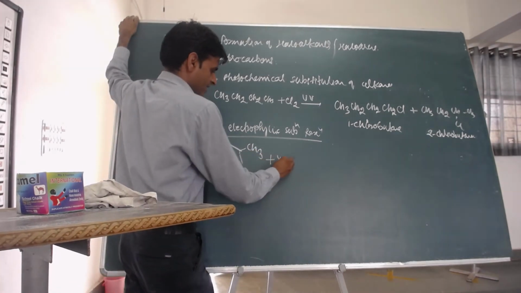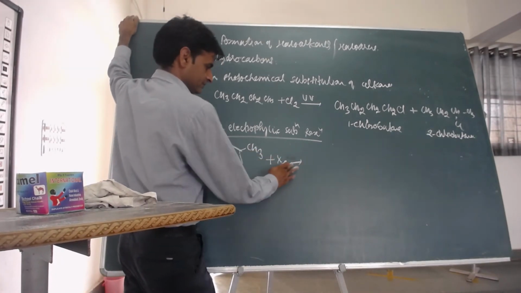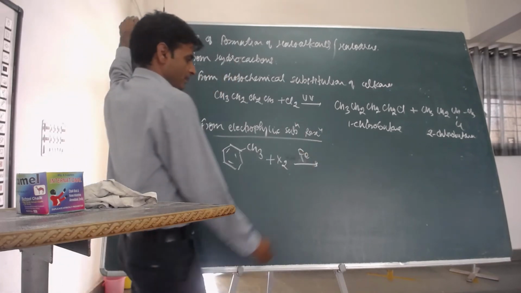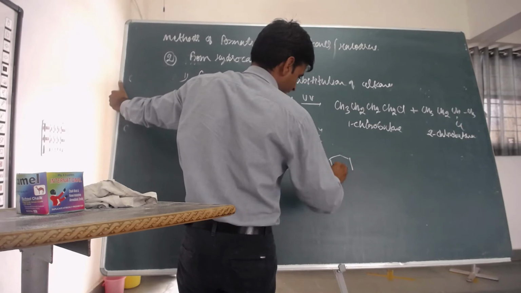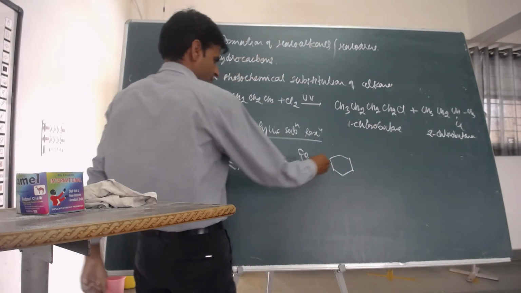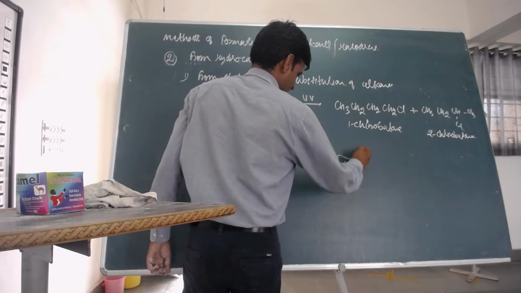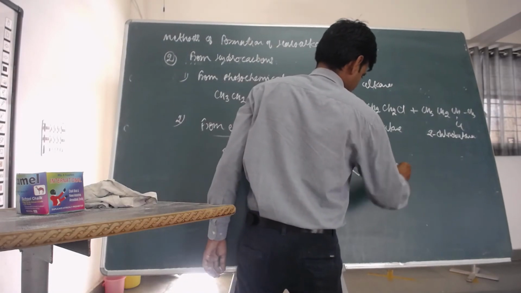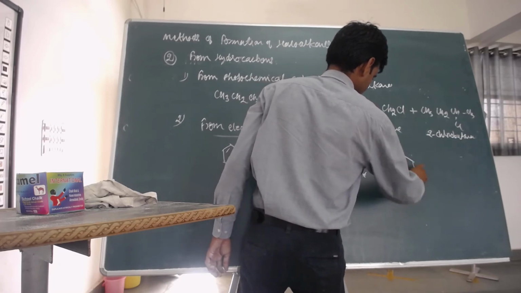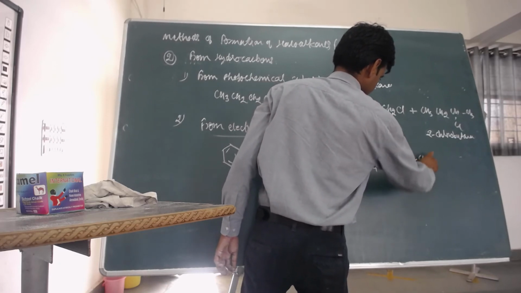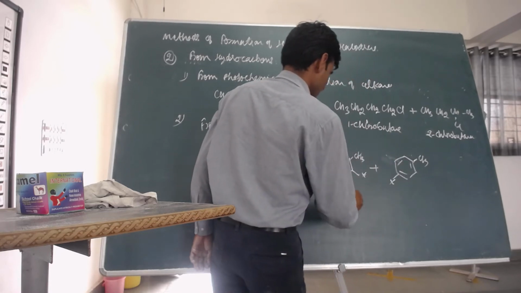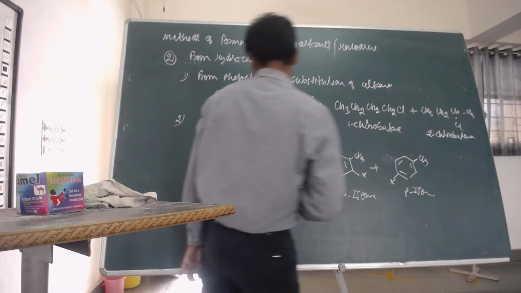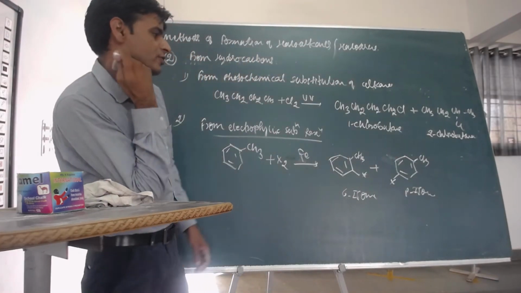When it is reacted with halogen in the presence of a Lewis acid, we obtain the ortho and para isomers of the compound, CH3-C6H4-X: the ortho isomer and the para isomer.